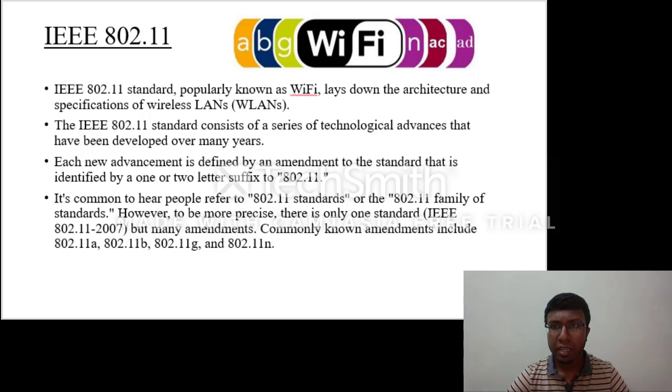However, to be more precise, there is only one standard, IEEE 802.11-2007, but many amendments. Commonly known amendments include 802.11a, b, g, n. In the rest of the video, I will explain in detail about each amendment.